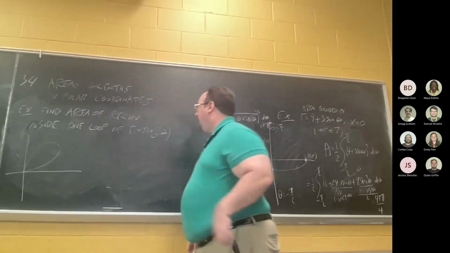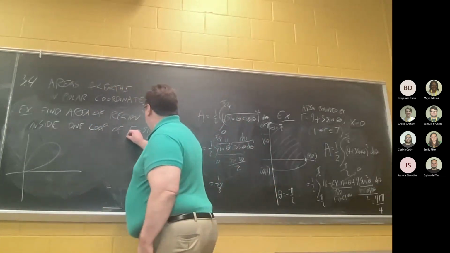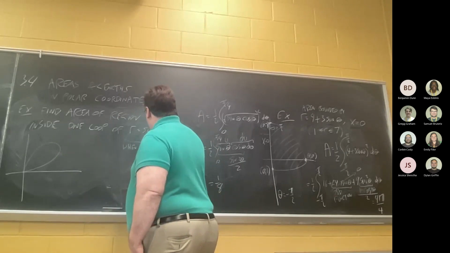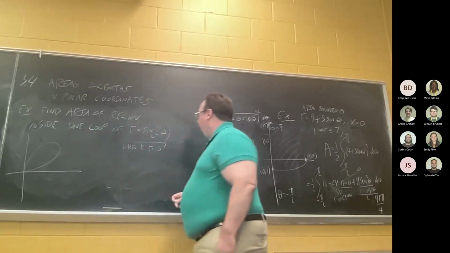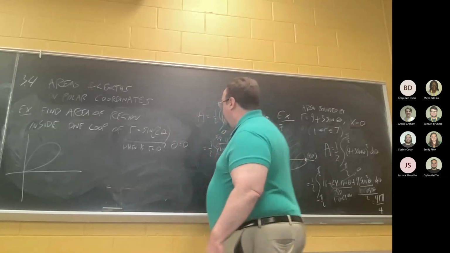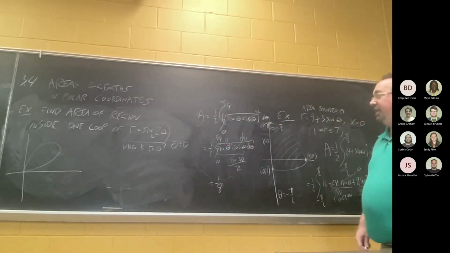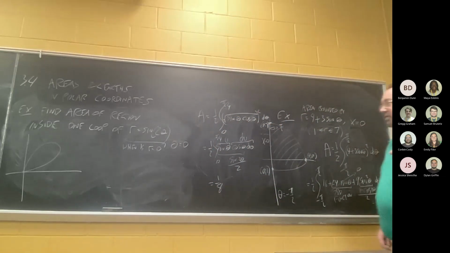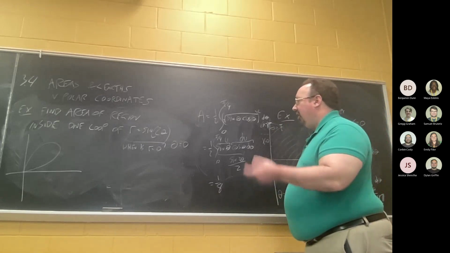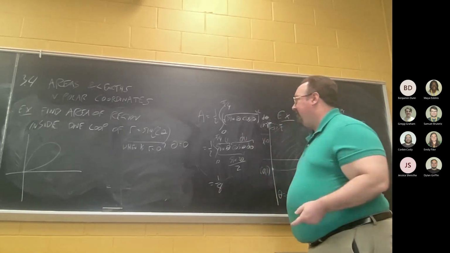But we just want one loop. So you check, when is R equal to 0? Certainly when theta is equal to 0, you'll start out at the origin. So the question now is, when is the very next angle where R is going to be 0, meaning you've come back to the origin?